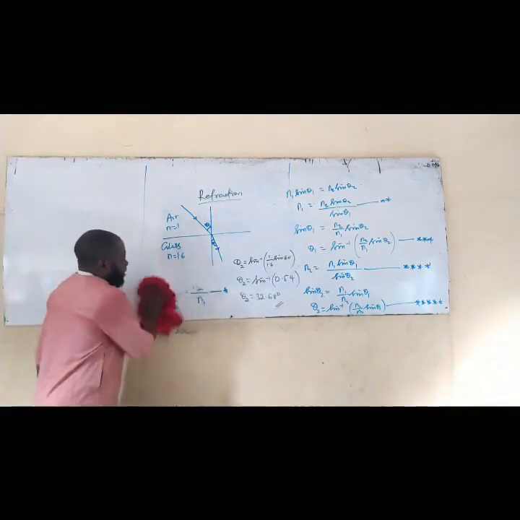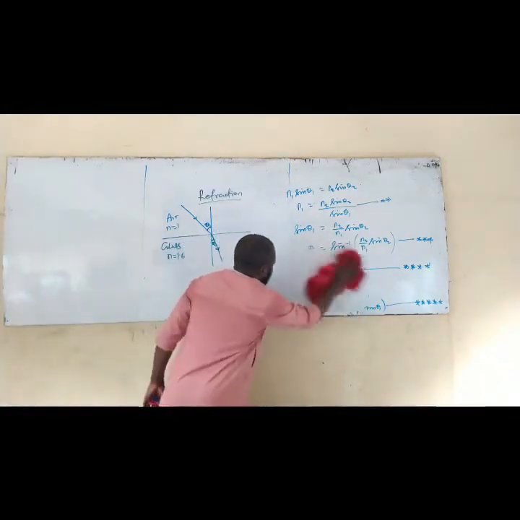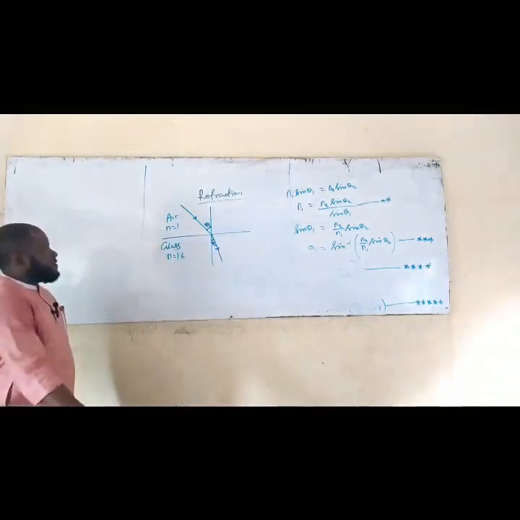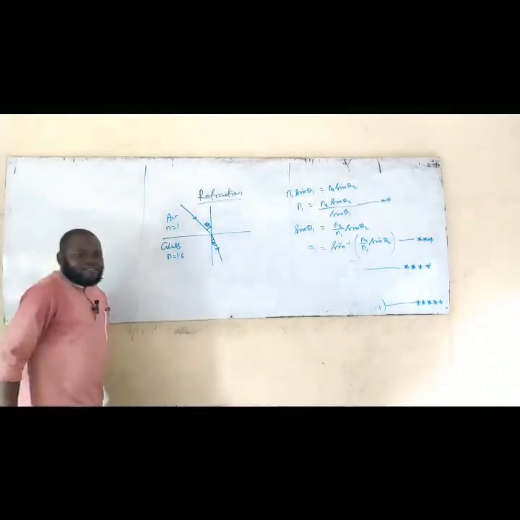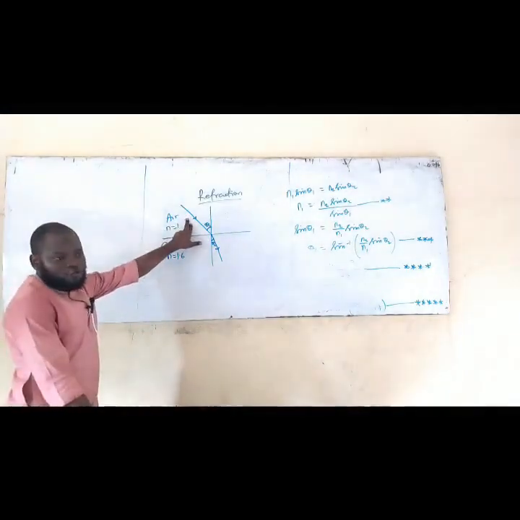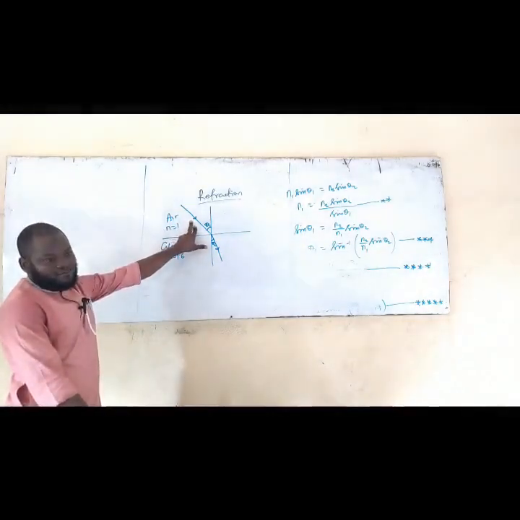Alright, so let's move on now. Let's make this look more interesting than what we have here. The examiner can determine that this ray is normally supposed to travel on a straight line.